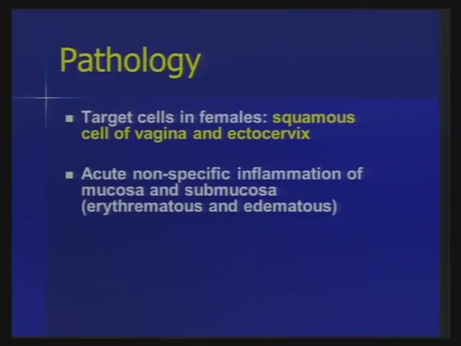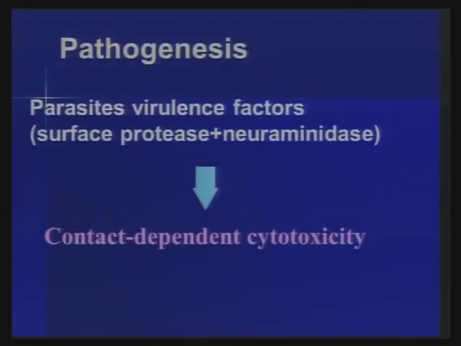So this is a non-specific inflammation occurring in the mucosa and submucosa. And once they produce the protease, this causes the contact-dependent cytotoxicity. Cytotoxicity means that they can destroy the cell.